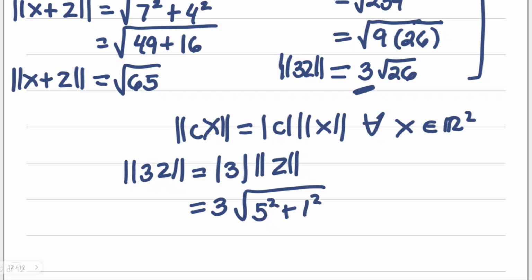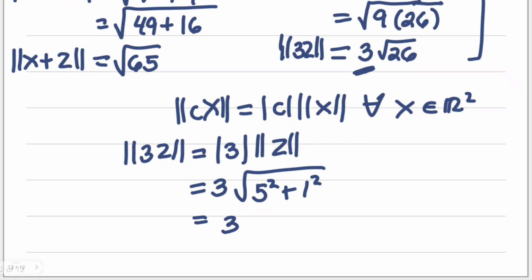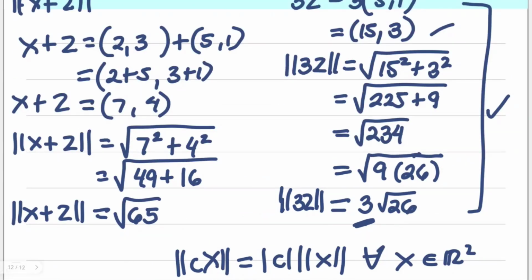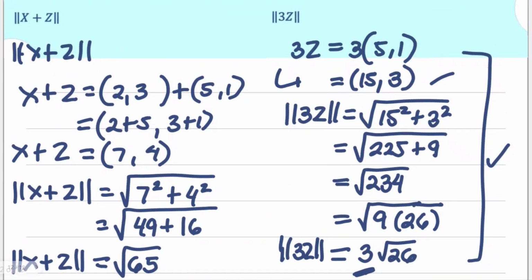Plus 1 squared. So you will have here 3 square root of 25 plus 1. Still you will get 3 square root of 26. Now it's up to you which you will use, whether this property, which will get the same result as the previous method where we started with a scalar multiplication before the solution using the length.